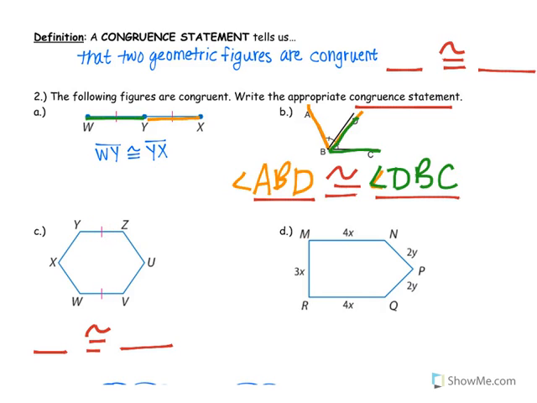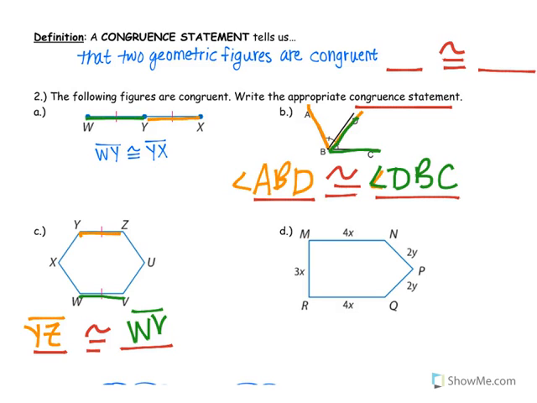Think about what that tick mark is lying on. That's lying on a line segment. So this tick mark's lying on YZ, and this tick mark's lying on WV. So YZ is congruent to WV.